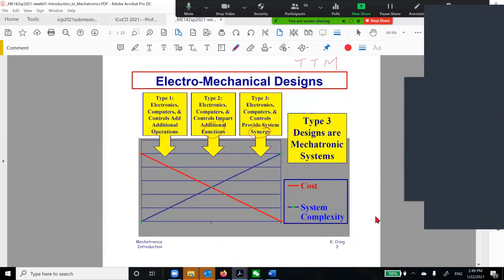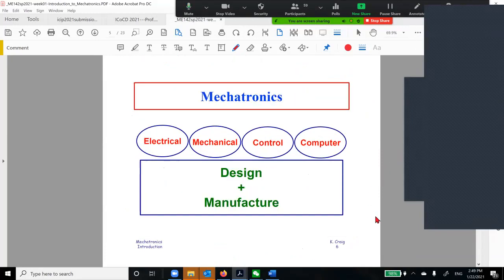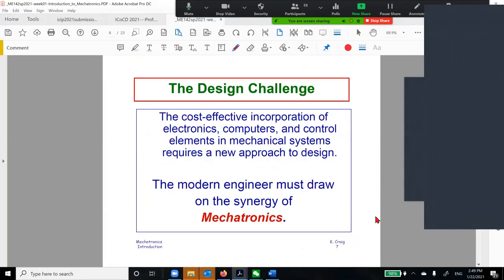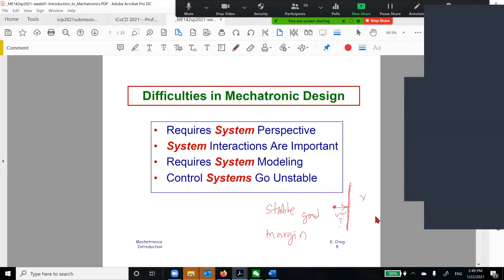Okay, so we went through this explanation. Mechatronics is basically the design process. We put all the departments together. So as a modern engineer, you have to have mechatronics training, that kind of notion, concept for the future.